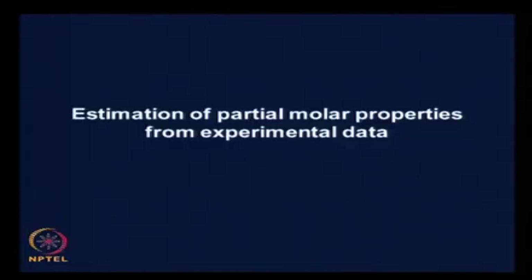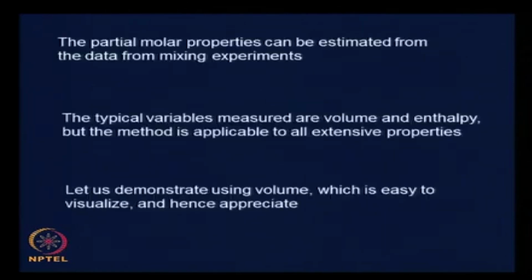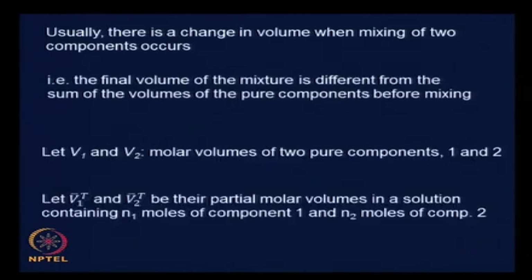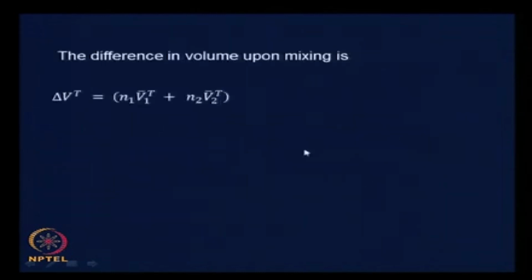For example, if we take volume, since it is easy to imagine, if V1 and V2 are the molar volumes of the pure components 1 and 2, and V1^t hash and V2^t hash are the partial molar volumes in a solution containing n1 moles of component 1 and n2 moles of component 2, then the difference in volume upon mixing, which is what actually is measured and plotted, is n1 V1 hash plus n2 V2 hash.